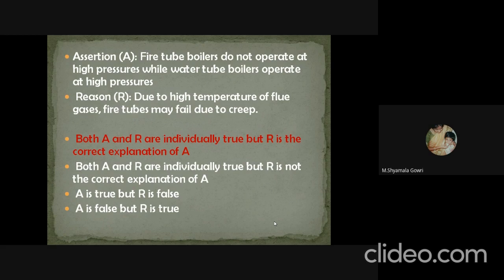Reason: due to high temperature of flue gas, fire tubes may fail due to creep. The answer is both A and R are individually true, and R is the correct explanation of A. That's why fire tube boilers do not operate at high pressures. This is the reason.